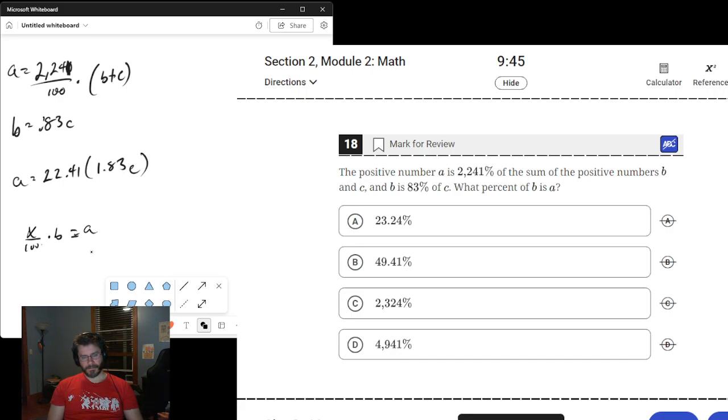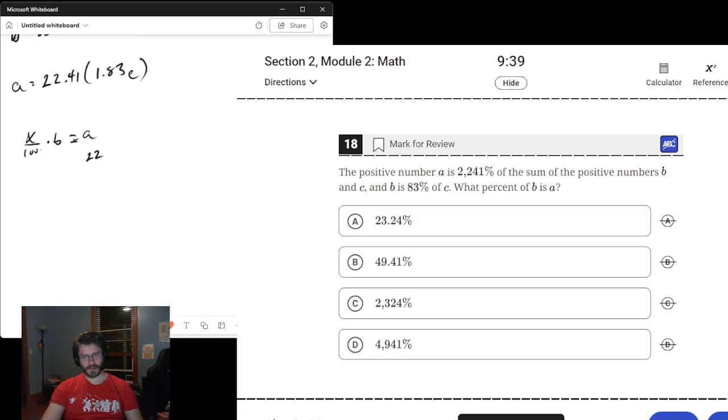Okay, so I can plug this in, 22.41, 1.83C equals 0.83C x over 100.